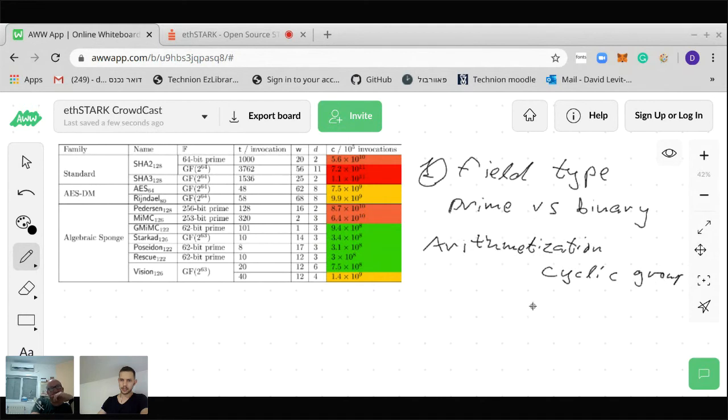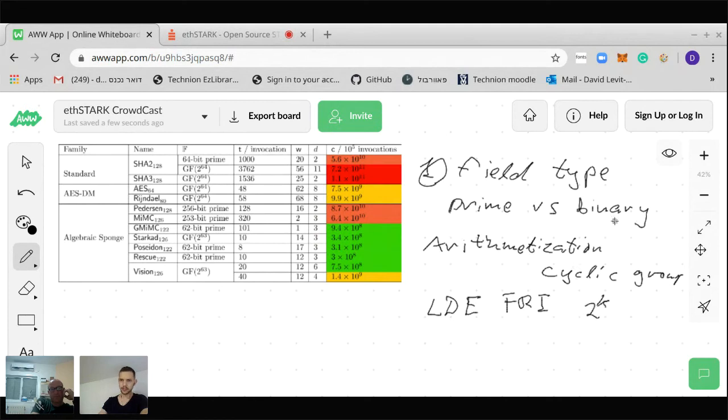But then when we go forward to the low degree extension, which is the FRI, they both need a group of size that is a power of 2. So in that case, for the prime field, this is the same group, the group of the arithmetization and the group of the LDE, because in the prime field, the multiplicative group can actually have a subgroup that is of size a power of 2.